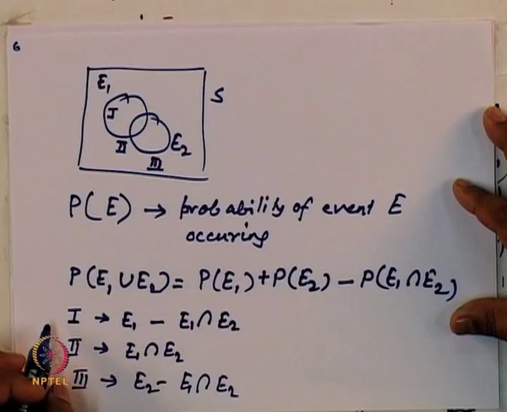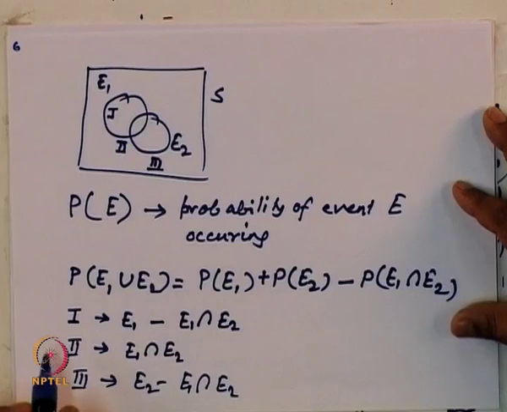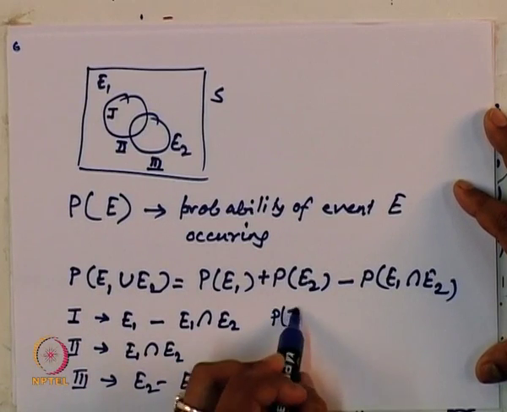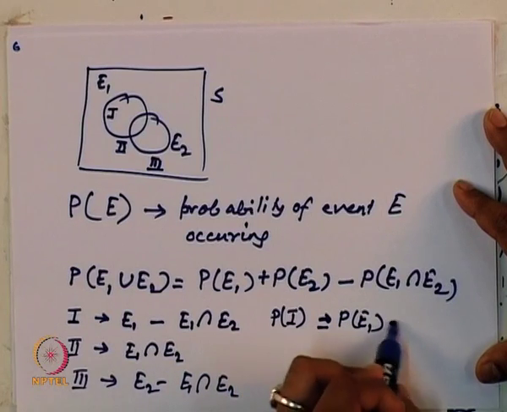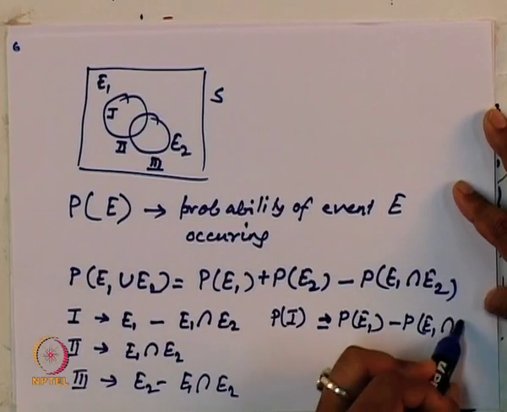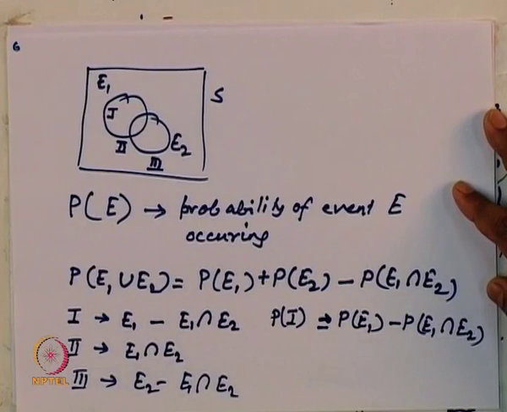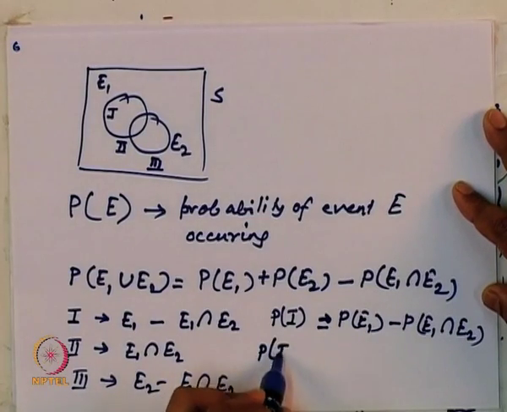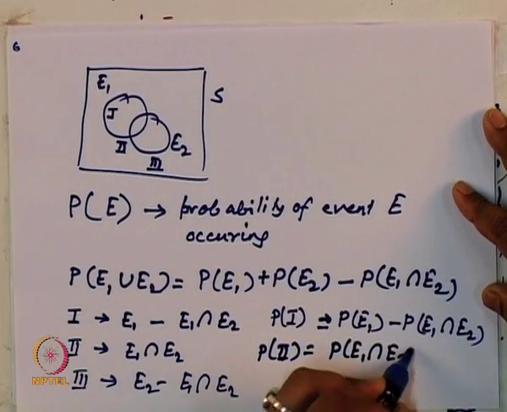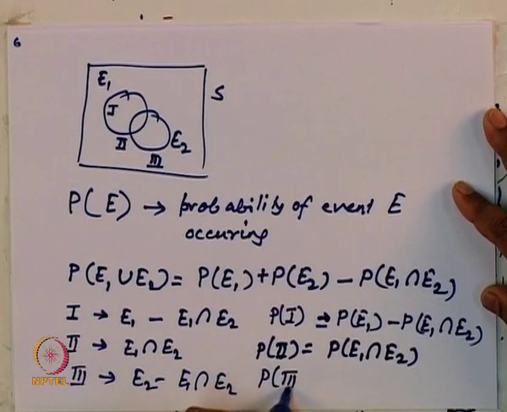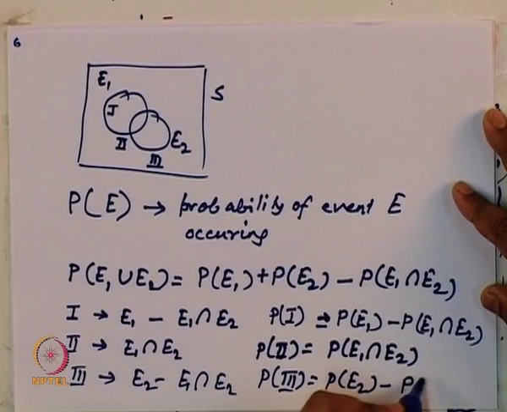If I calculate the probabilities: probability of area 1 is P(E1) minus P(E1 intersection E2), probability of 2 is P(E1 intersection E2), and probability of 3 is P(E2) minus P(E1 intersection E2).